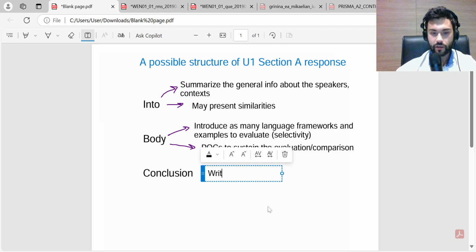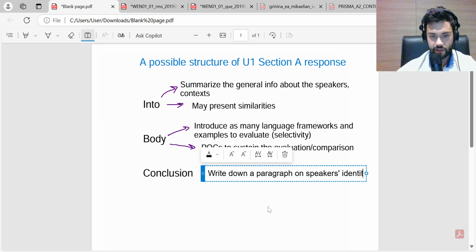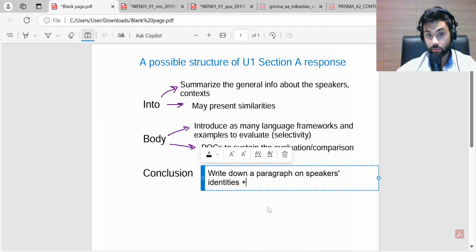You can write down a paragraph on speakers' identities, plus you want to summarize the general context once again. So summarize the contexts in general.